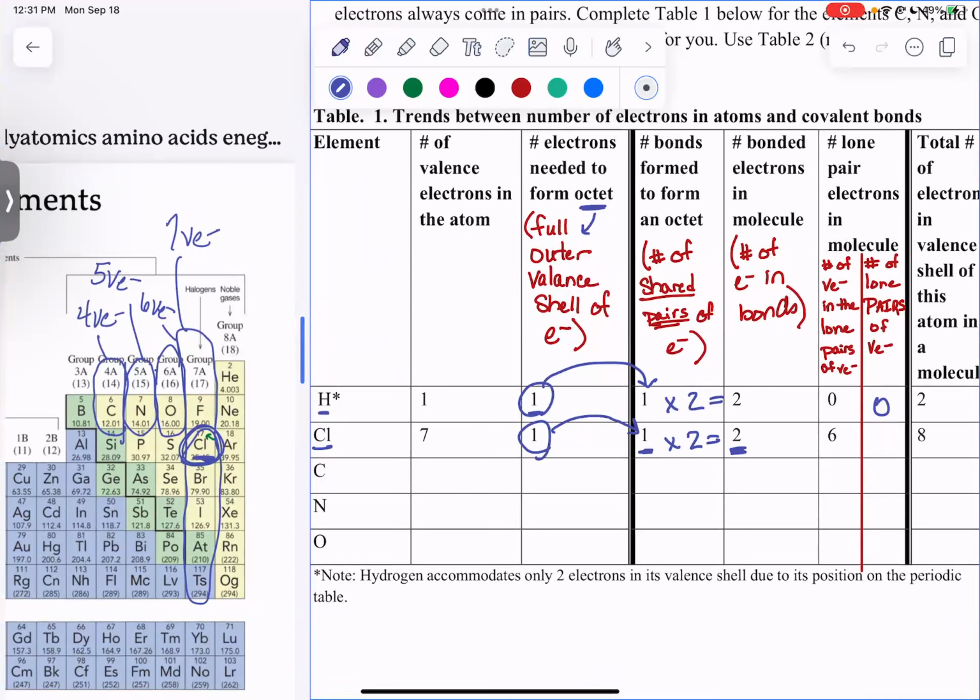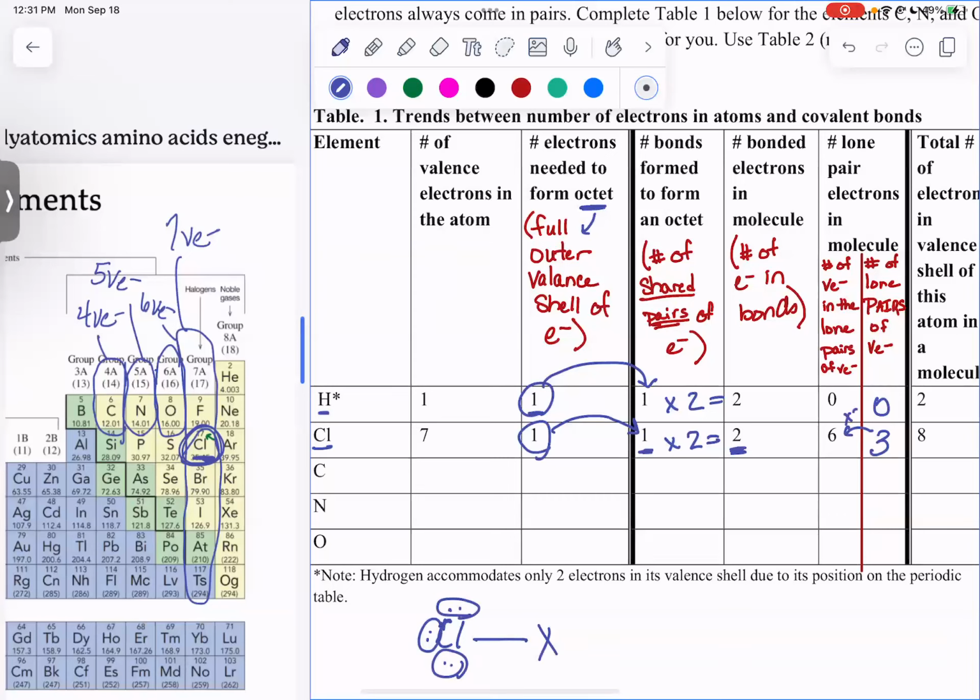Now, how many lone pairs of electrons do we have in the molecule? Well, how many are left? If I started with chlorine and I had 7, 1, 2, 3, 4, 5, 6, 7, and I shared my 1 valence electron with some other atom, it doesn't matter. How many lone pairs of electrons do I have left? 1, 2, 3. I have 3 lone pairs. How many electrons are in those 3 lone pairs?